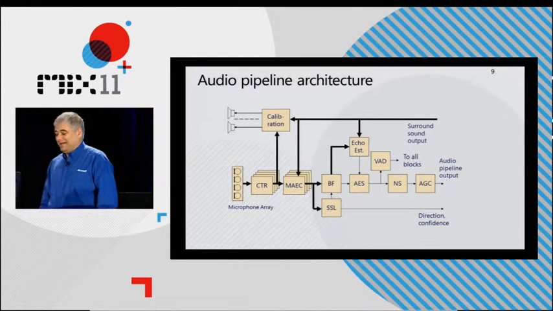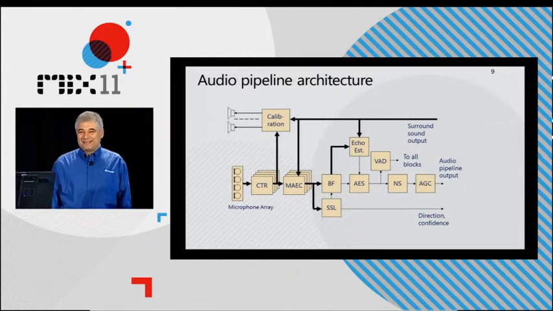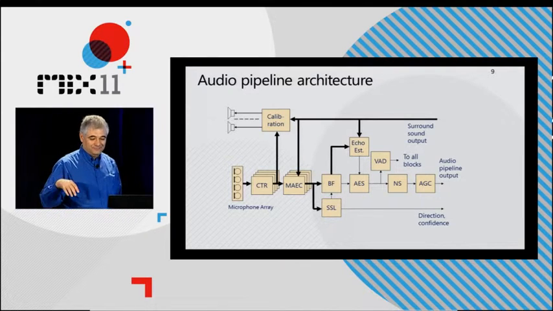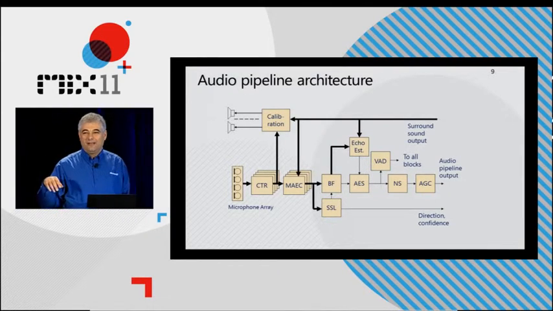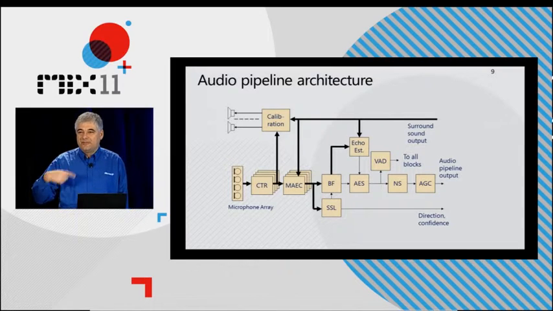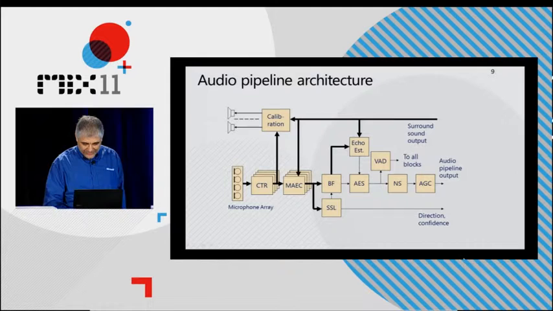So what do we have in Kinect? Here is a rough block diagram of the audio pipeline, which does speech enhancement and audio processing in Kinect. At the beginning we have a block called constant tones removal.